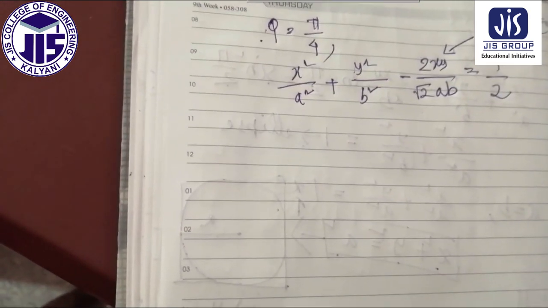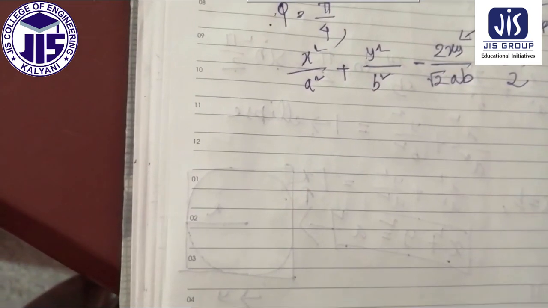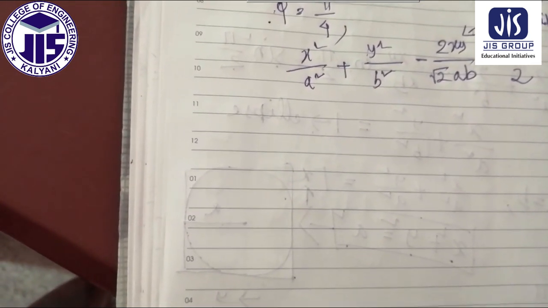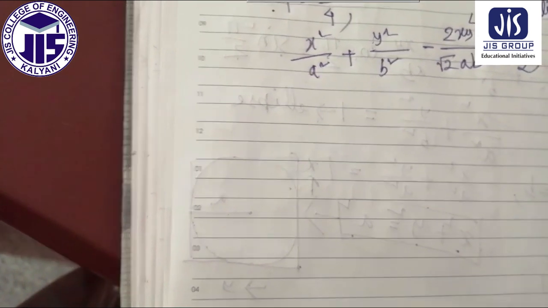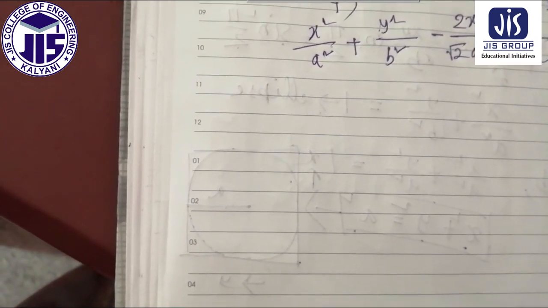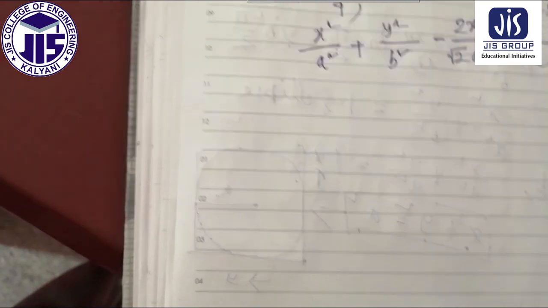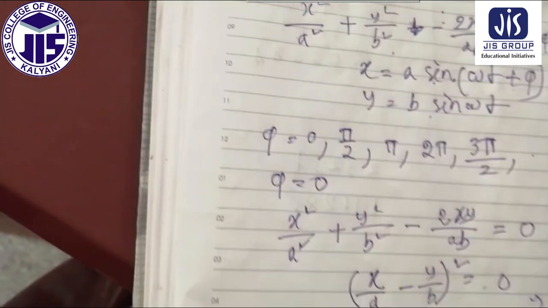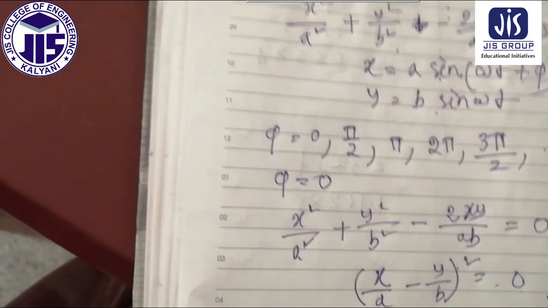So this is another figure we are getting. Now if we put other values like phi equal to 3 pi by 2, we can get different figures.